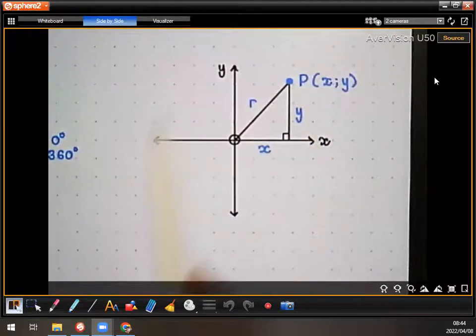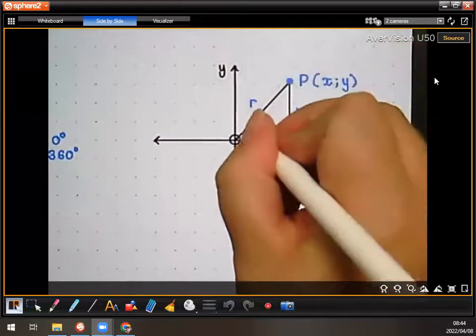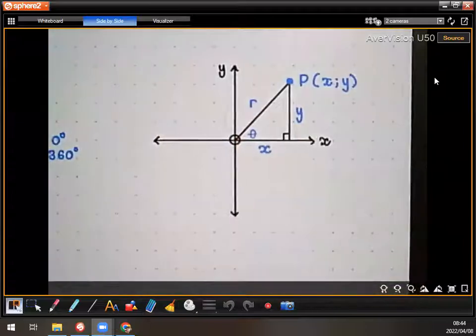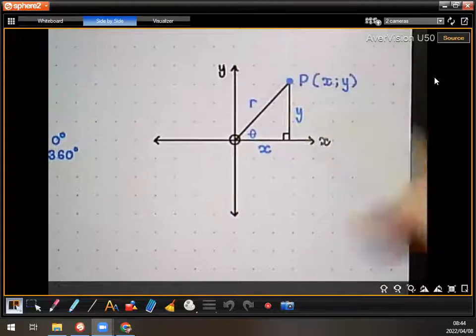So guys, in this triangle, let's put a theta over here, that angle there. We can now express our 6 trig ratios in terms of x, y, and r. The same rules still apply.